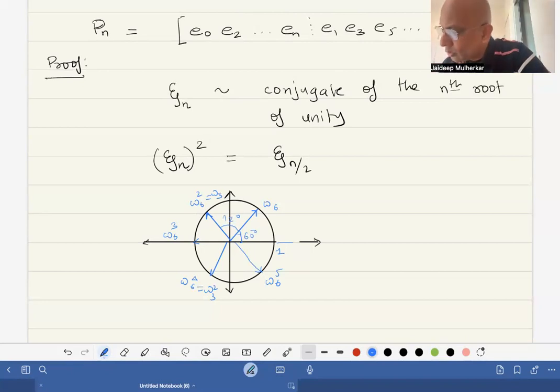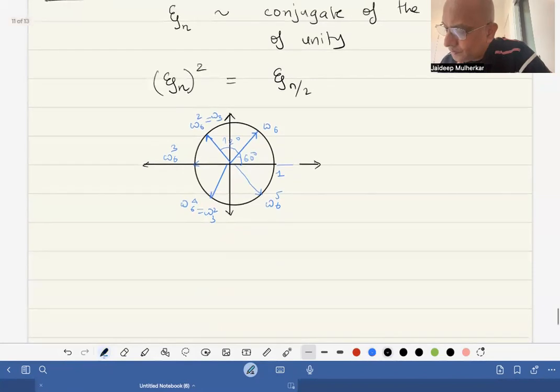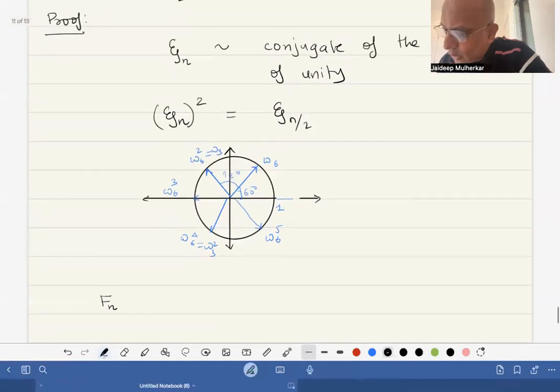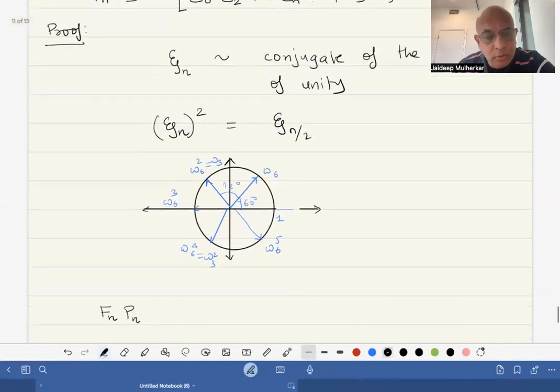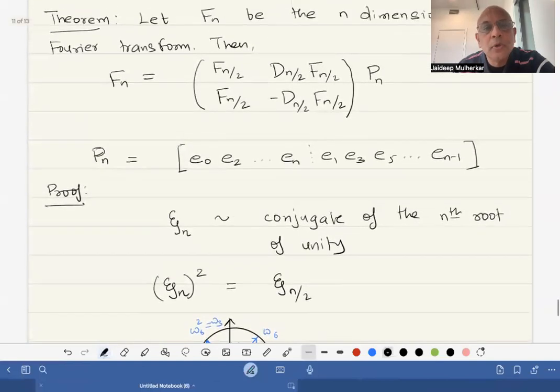All right. So let's first assume that if I take Fn and apply this Pn on it, which is the permutation, right?